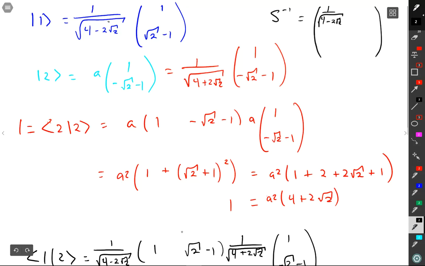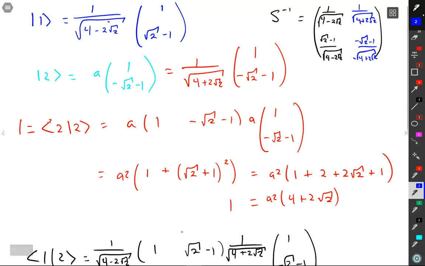And then this one here, root 2 minus 1 divided by square root of 4 minus 2 root 2. So that's ket 1 there. And now I'm going to put ket 2 beside it. 1 over square root of 4 plus 2 root 2, and minus root 2 minus 1 over square root of 4 plus 2 root 2.